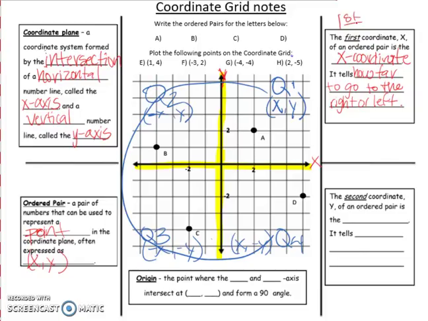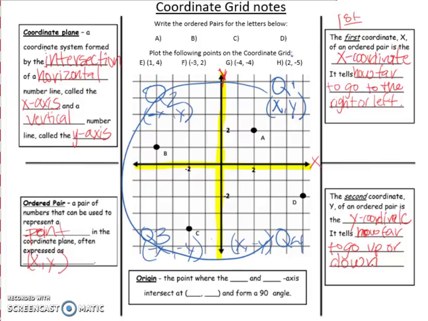Then you go to your second coordinate. The second coordinate, y, of an ordered pair is the y-coordinate. And it tells you how far to go up or down.